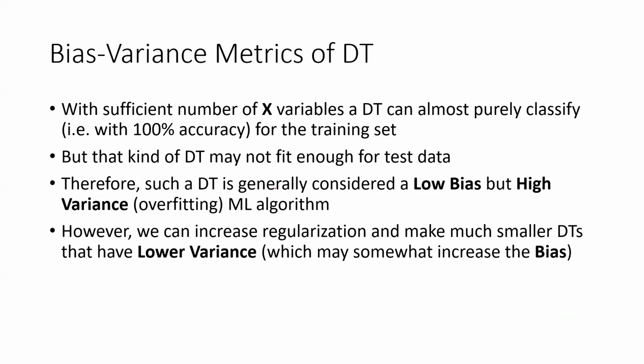Okay, now we know how to make a decision tree, right? Actually, how to build a decision tree as well, right? So now we can apply the knowledge we have about bias and variance to decision trees.